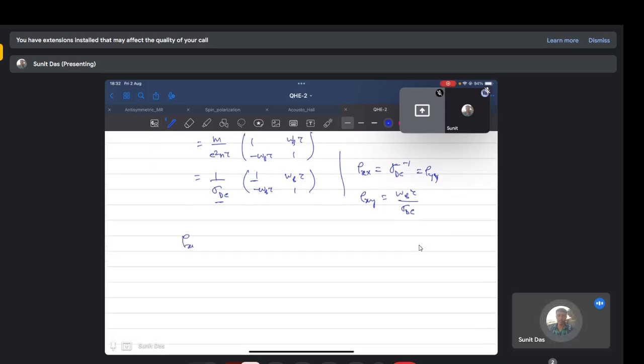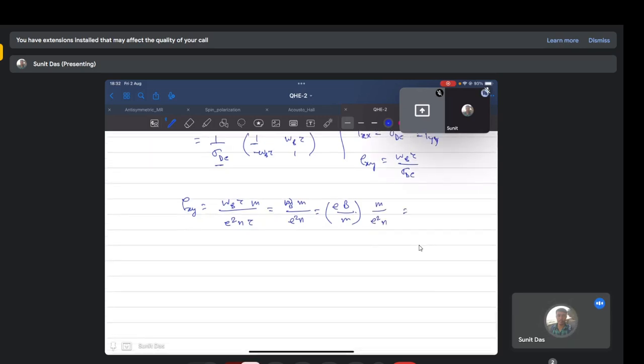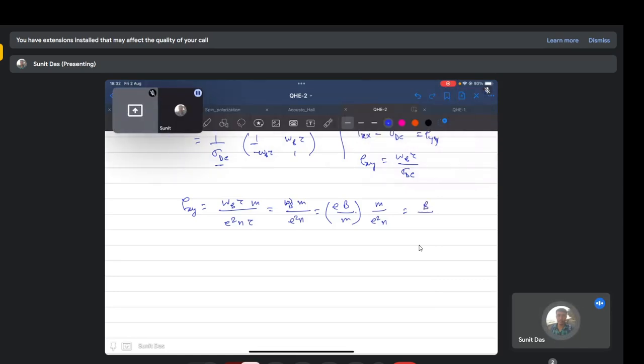So what will rho xy be? Omega b tau, and sigma dc is nothing but e square n tau over m. So tau cancels out, omega b times m by e square n. Writing omega b as e b by m, with m by e square n, it becomes b by ne, right?